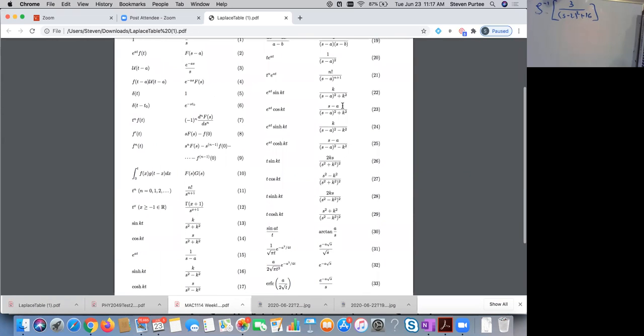That looks like this one. So that's an e to the at times sine of kt. So k here will be 4. So really not much we have to do here. We've got to put in a 4 on top and bring the 3 out.